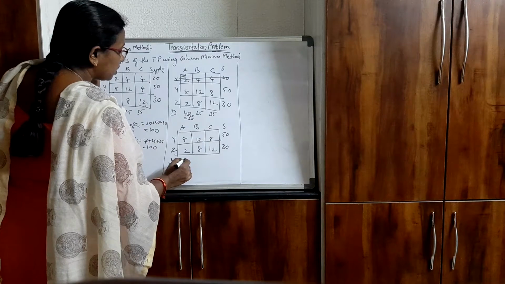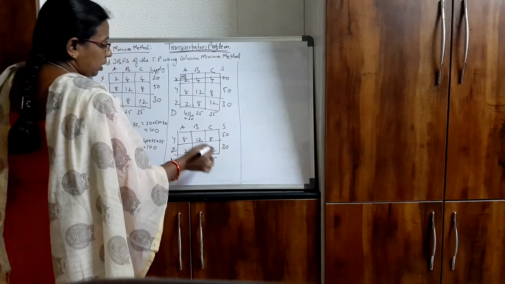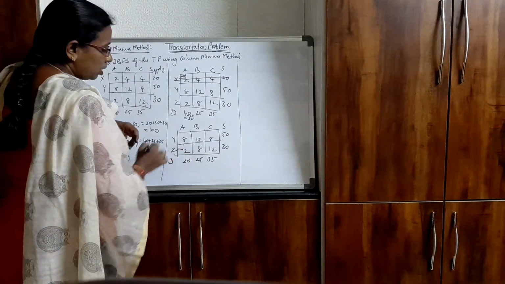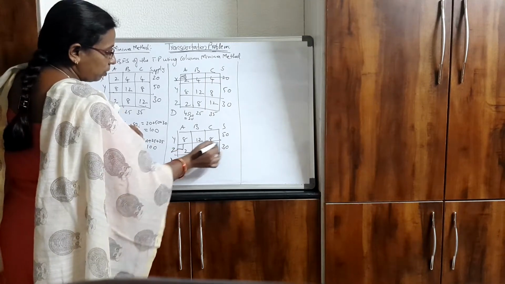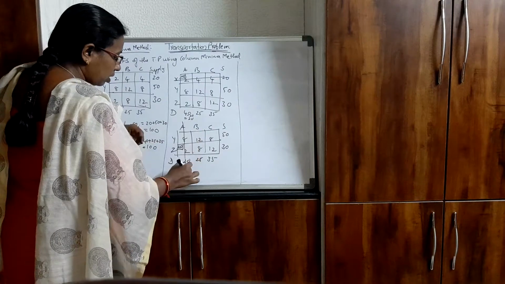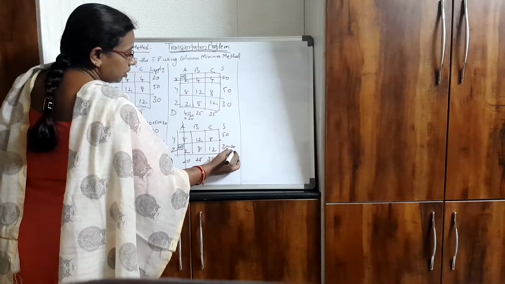And demand is 20, 25, 35. Again select the first column. Minimum here is 2. Corresponding to this 2, you have 30 and 20. Minimum of these two is 20. So allocate 20 here. Now this column will get exhausted. 30 minus 20 will be 10.